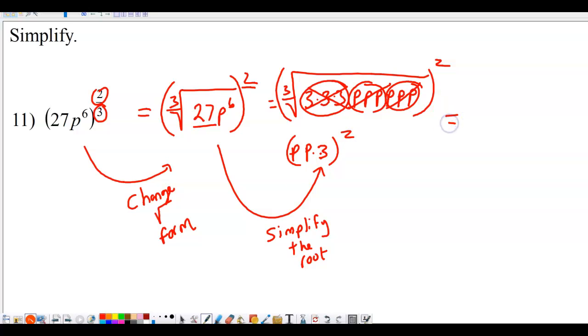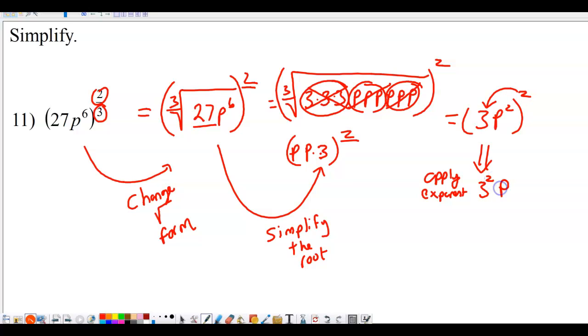Now, at this point, I've got 3 with 2 p's, which is 3p squared, right? But let's not forget, we do have this square on the outside, and for that, we're going to apply the exponent. Okay, so I'm going to square the 3, and I'm also going to square the p squared. 3 squared is 9, and p squared to the second power is p to the fourth.